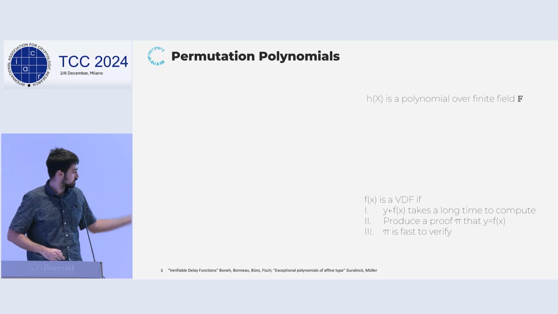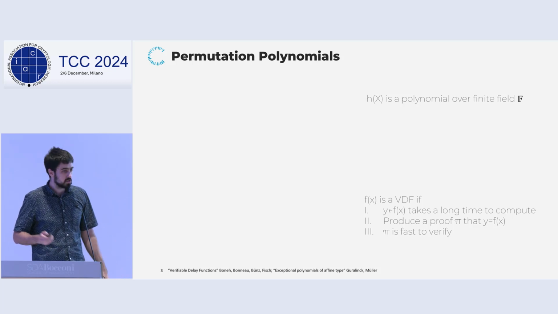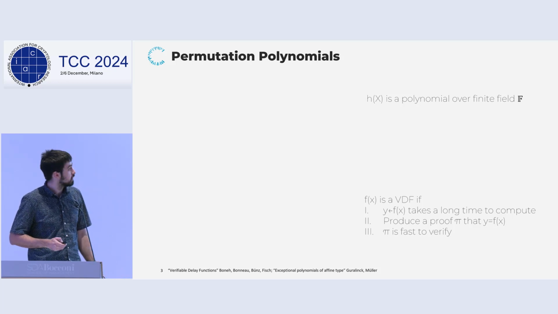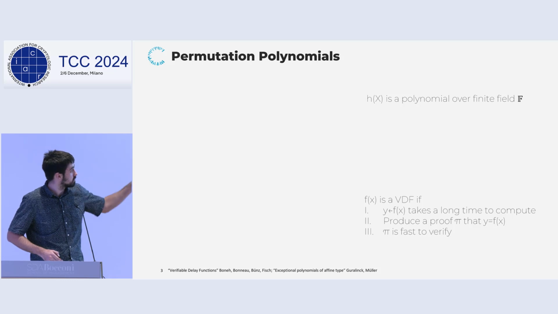the authors of the VDF paper, Bonnet et al., they also introduced a candidate. And the candidate is based on polynomials over finite fields. So here we have h of x, which is a polynomial over a finite field.